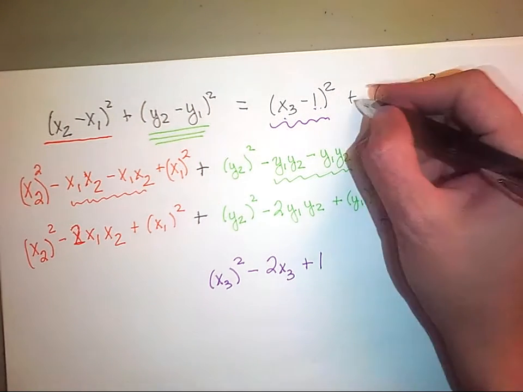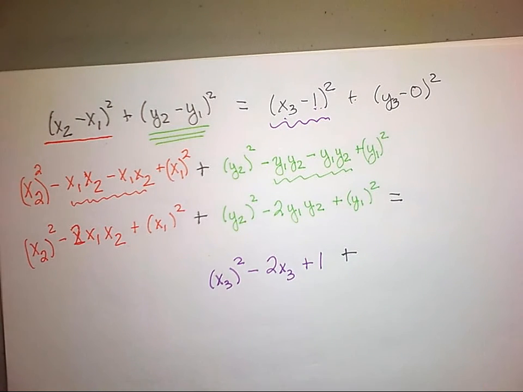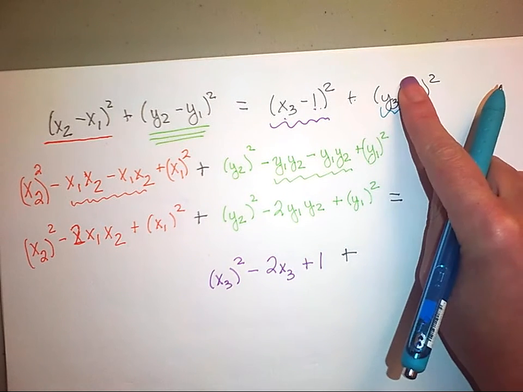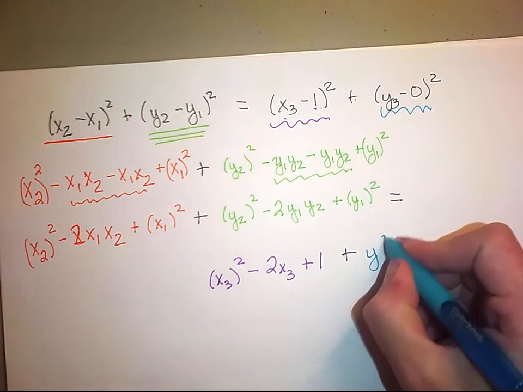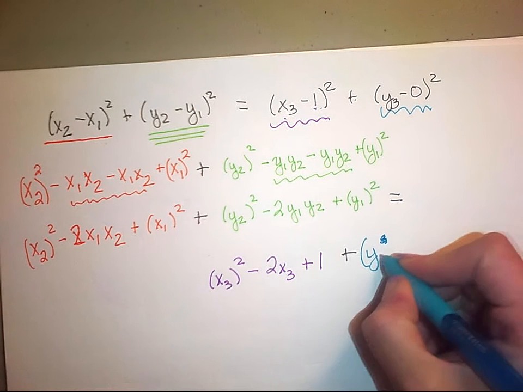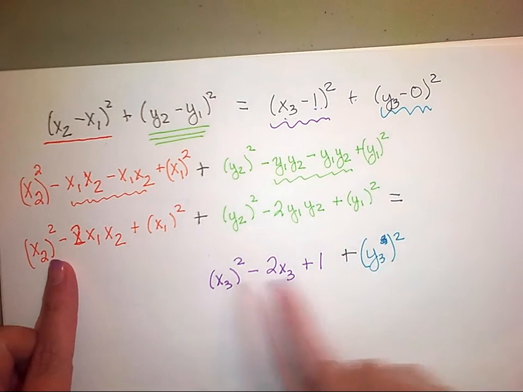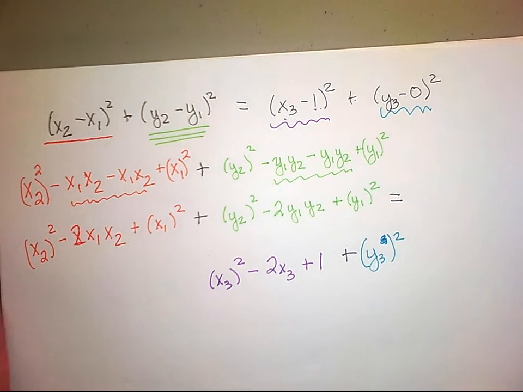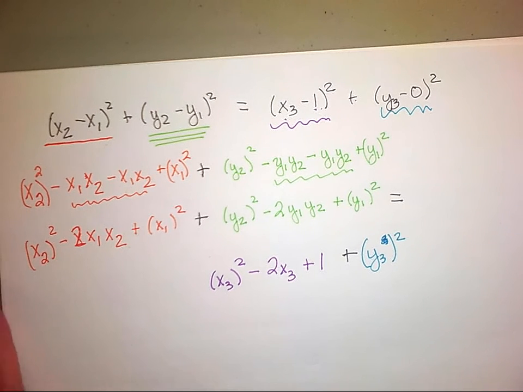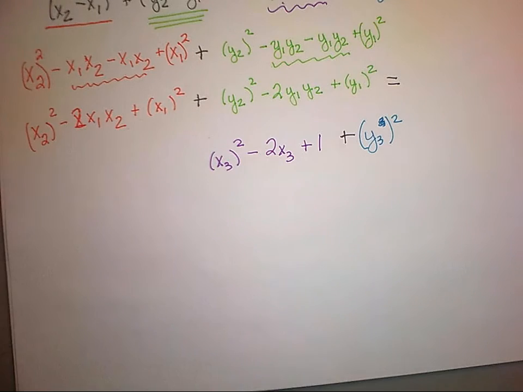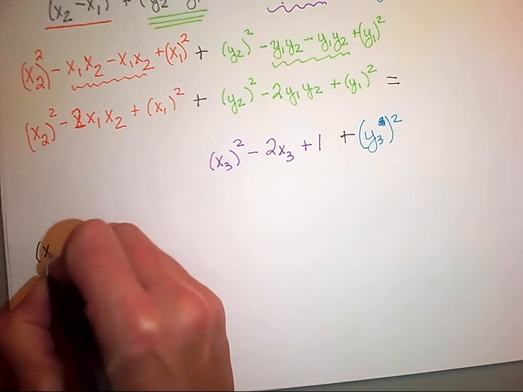And then plus, from our formula from here, we'll expand this one. Well, y sub 3 minus 0 is just y sub 3. So we get y sub 3, that quantity squared. So this is our equation. Let me try and write it a little bit more in line, smaller so we can see this happen.